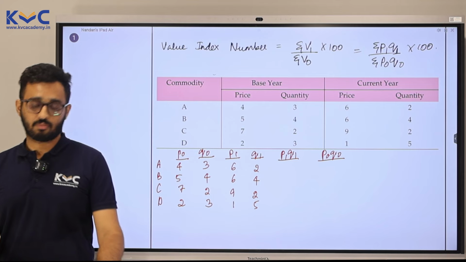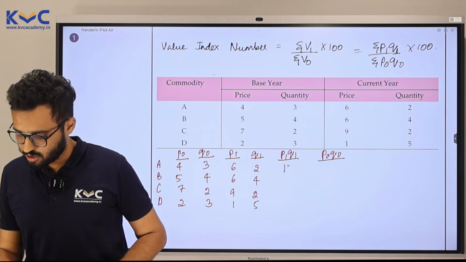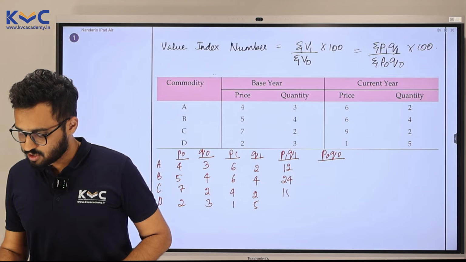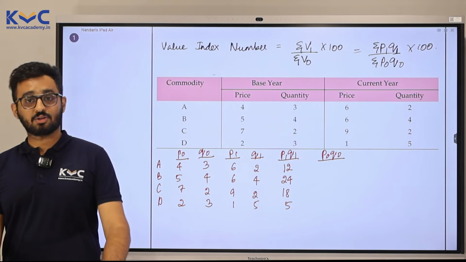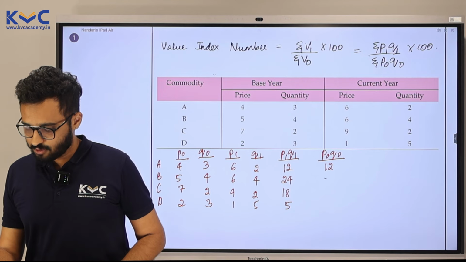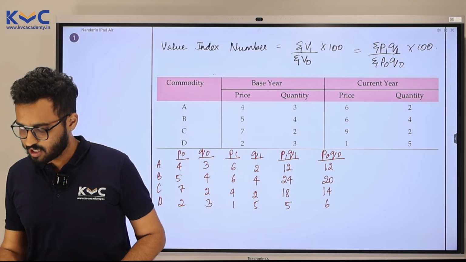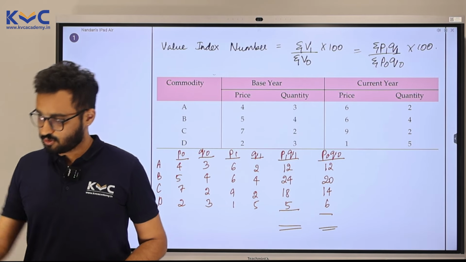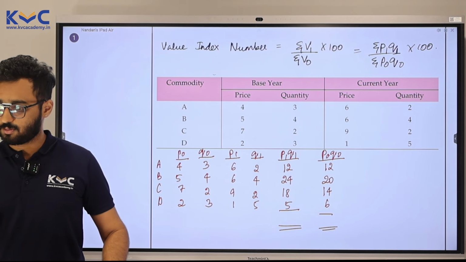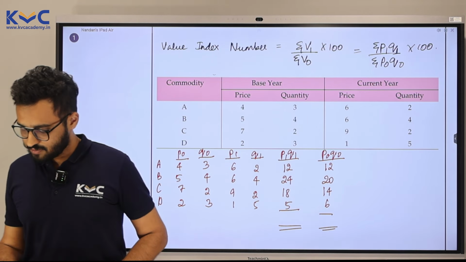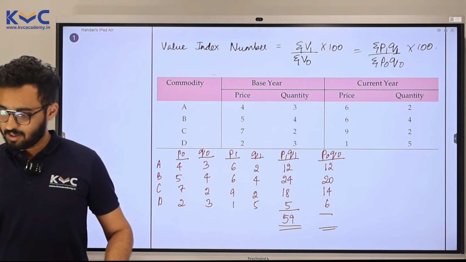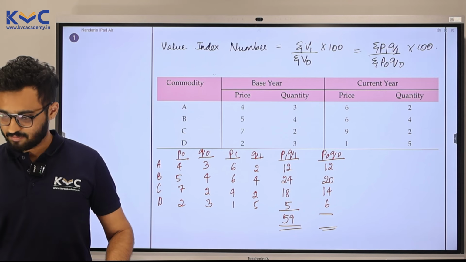Just these two. So P1 Q1 is 6 2s are 12, 6 4s are 24, 9 2s are 18, 1 5 is 5. P0 Q0 is 4 3s are 12, 5 4s are 20, 7 2s are 14, 2 3s are 6. So I just need these two totals. So 12 plus 24 plus 18 plus 5, which is 59, and 12 plus 20 plus 14 plus 6, which is 52.